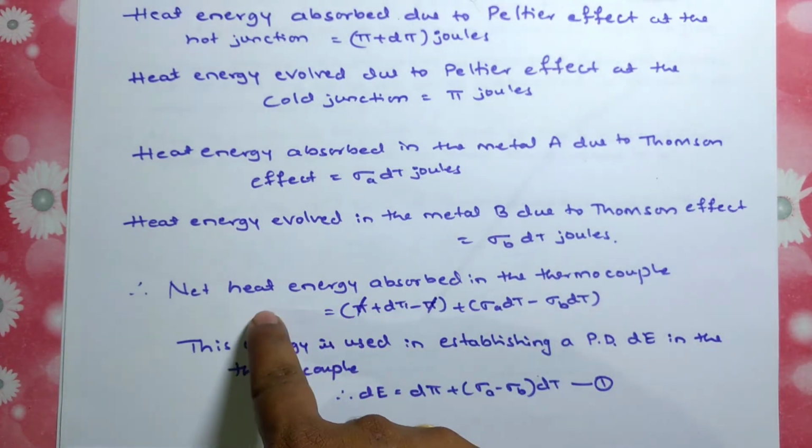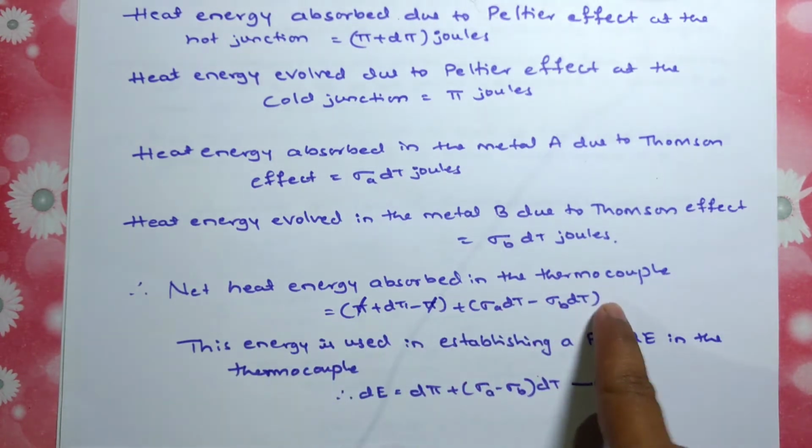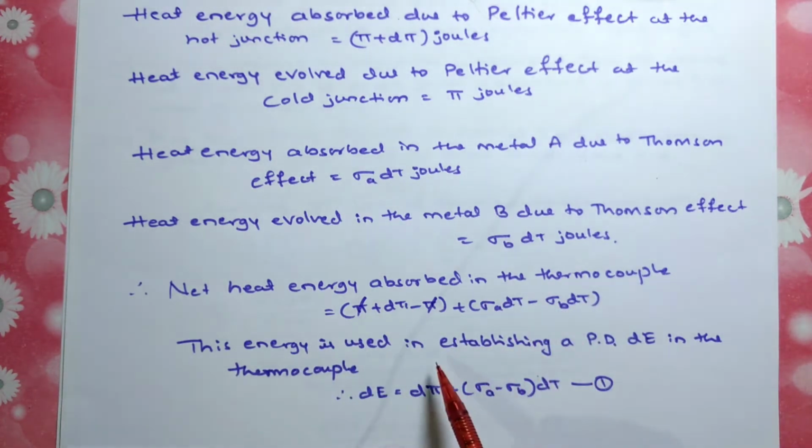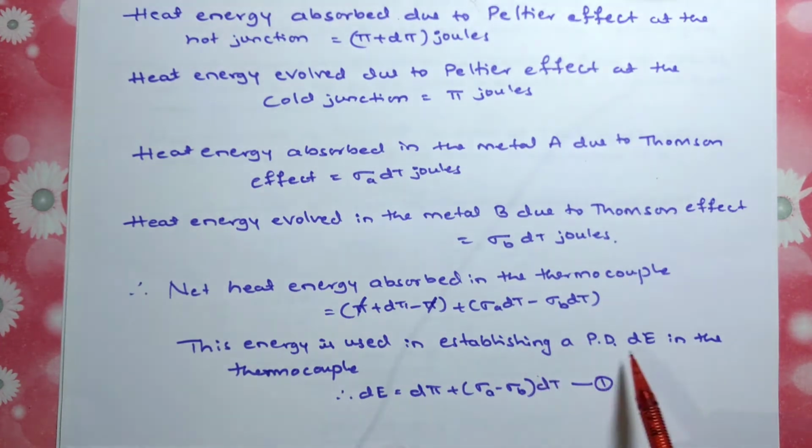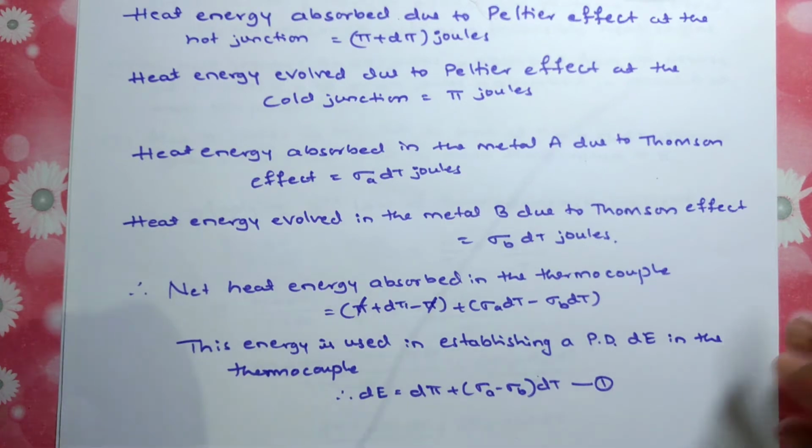So this net energy absorbed in the thermocouple is utilized for establishing the potential difference in the thermocouple, that is dE is equal to d pi plus sigma A minus sigma B dT. This is equation number 1.